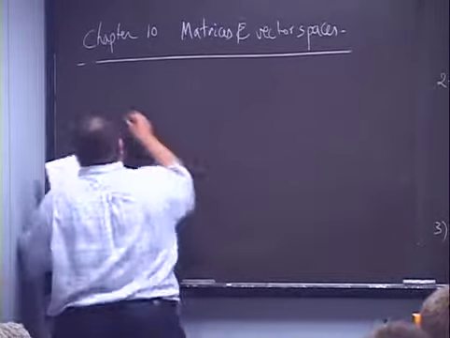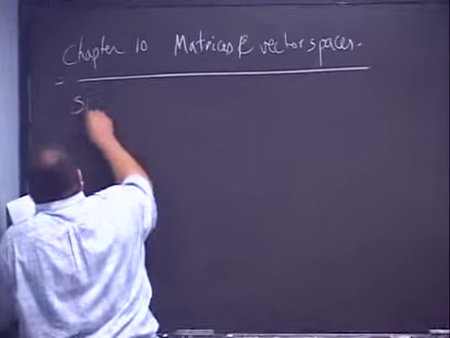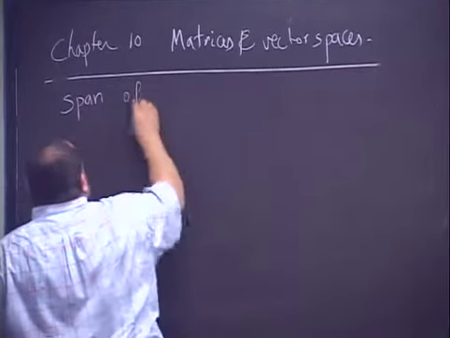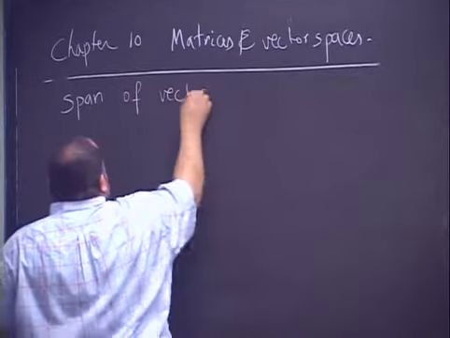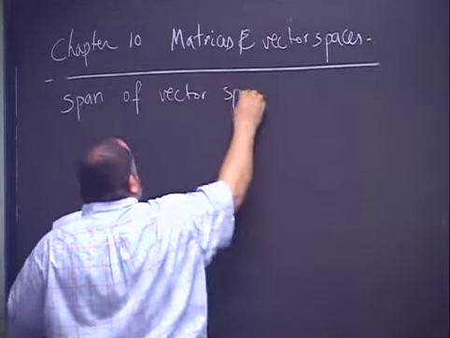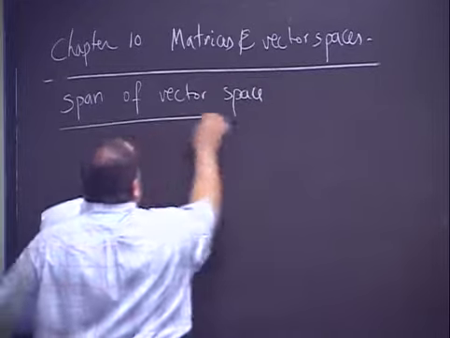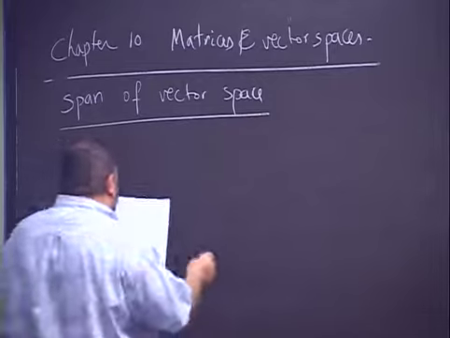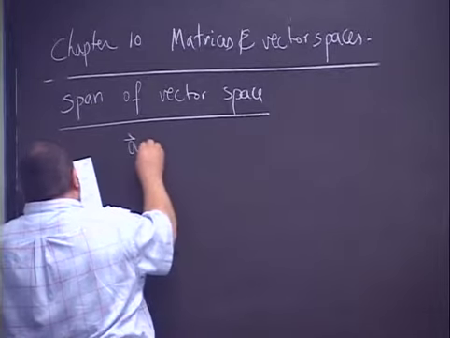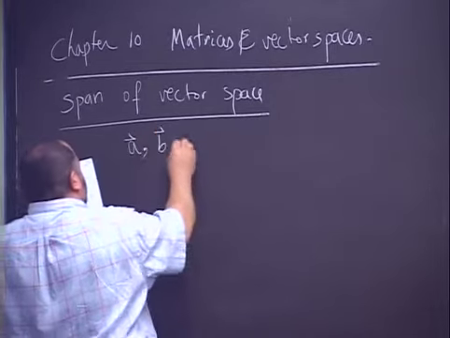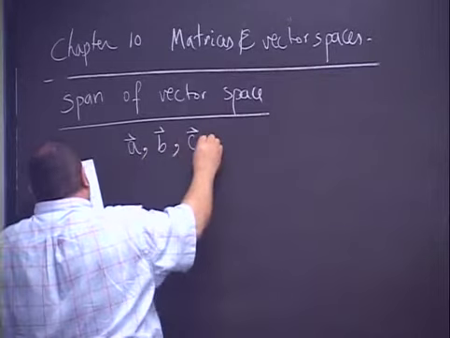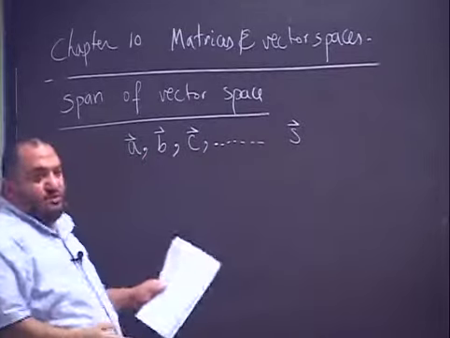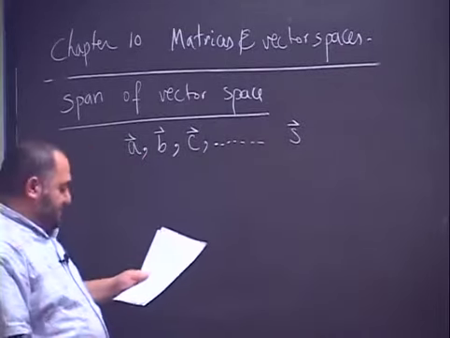So let's move on and define the span of the vector space. What do we mean by the span of the vector space? So if we have a vector space A composed of vectors, now the objects are vectors A, B, let's say C, up to S vectors. So we have A to S vectors in the set.